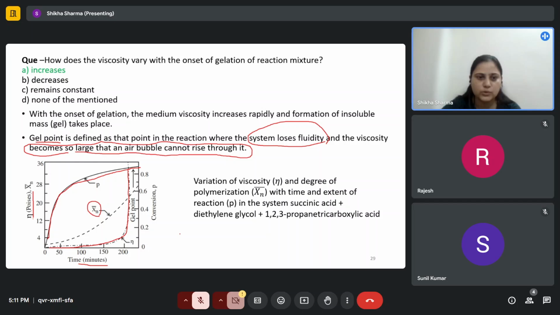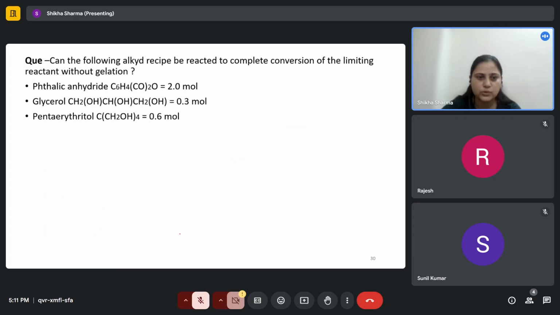So let's move to the next question. Can the following alkyd recipe be reacted to complete conversion of the limiting reactant without gelation? So we have these three: glycerol, pentaerythritol, and phthalic anhydride, and these are given in different moles.